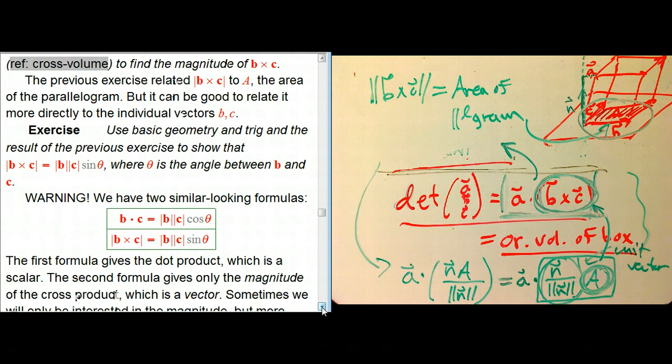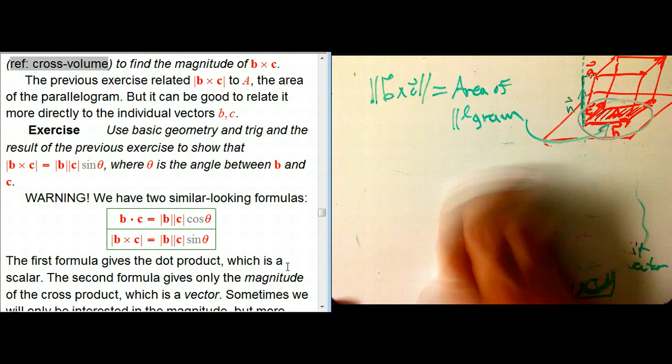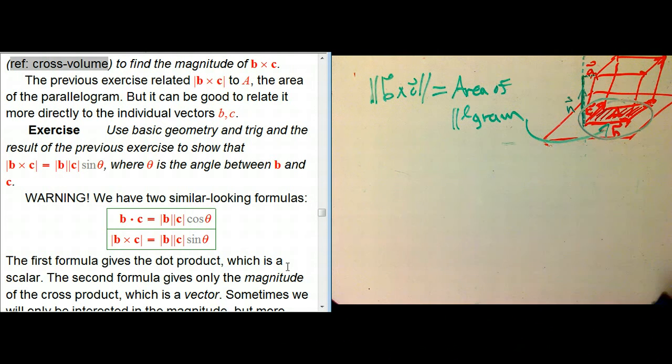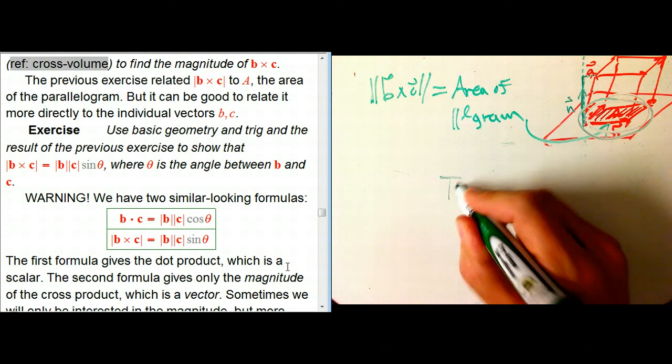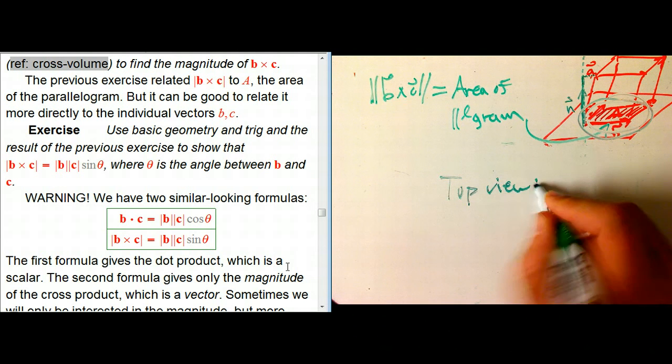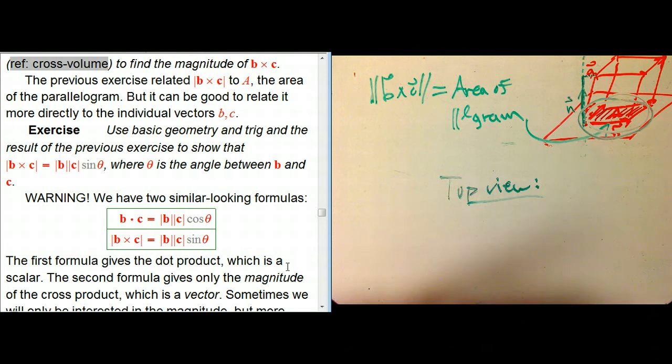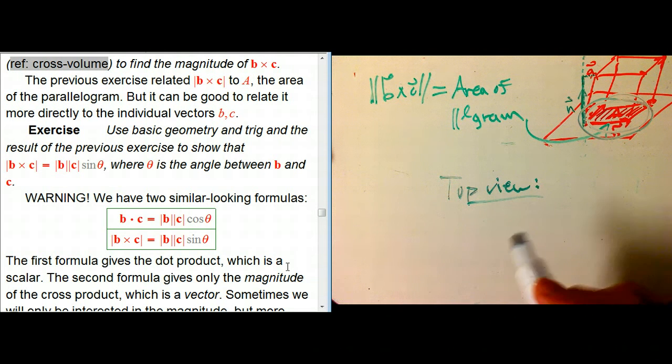And then a corollary of that is, I think I can take this away for now, that if we look at this from a top view, let's try blue.